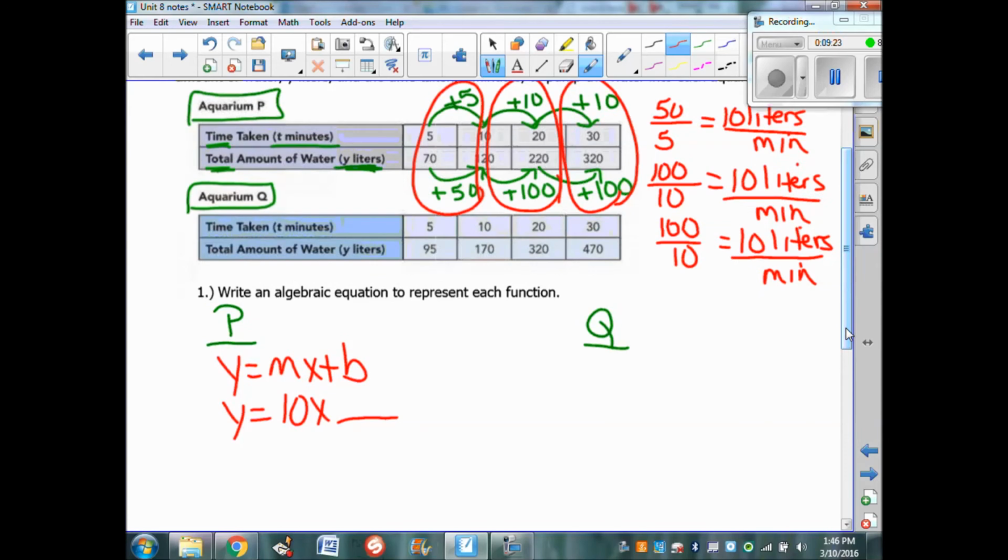So what we can do is take one of our points. Let's start with the smallest one, 5, 70. Let's use that information. So if I say 70 is my y, 10 was my slope, the x for my 5, 70 is 5, plus the b, because that's what we're looking for. So 70 equals 50 plus b.